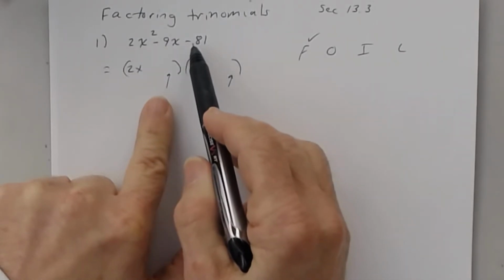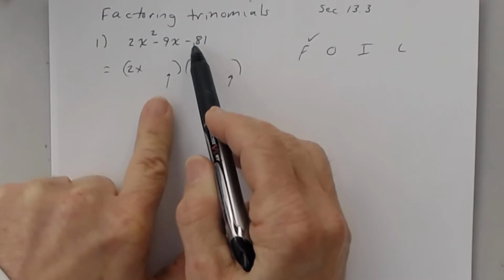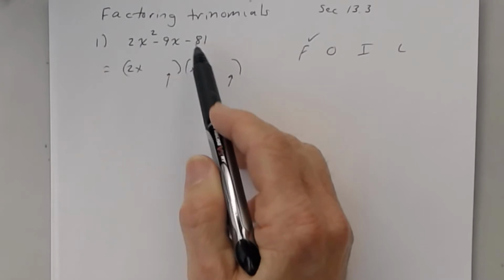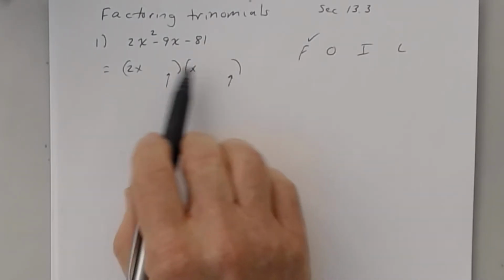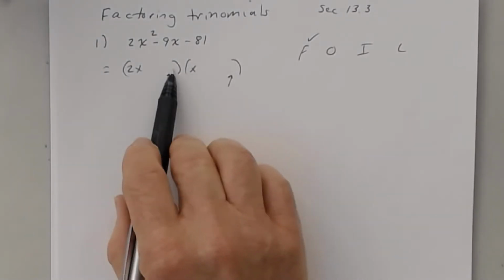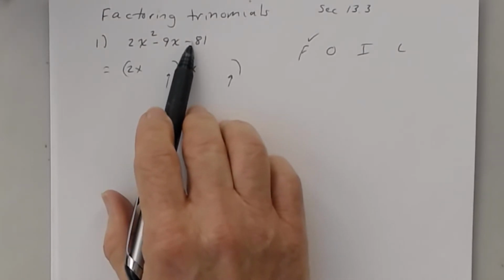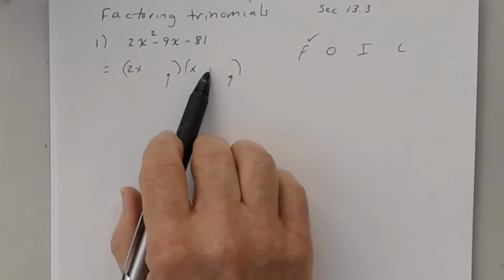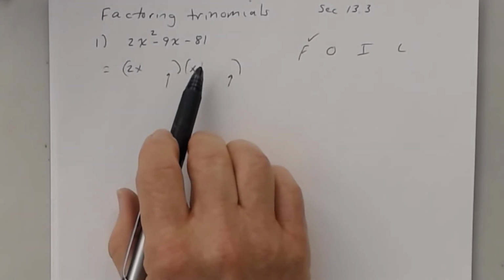The last term. Now the last term is a negative 81. And so if I come back and I think about foiling this out, in order to get this to be a negative, then the signs in here have to be same or different? Different. All right. Trial and error. Put something in there.